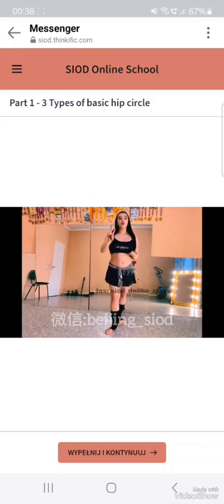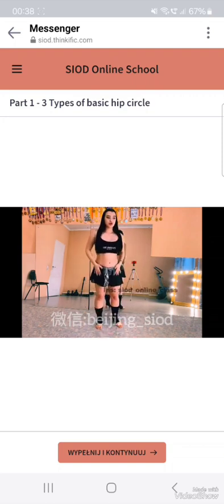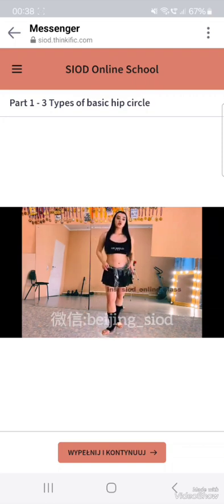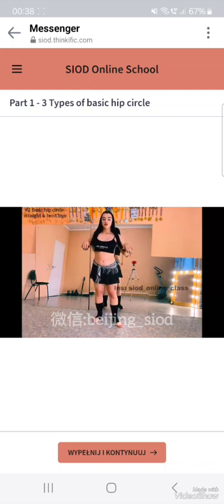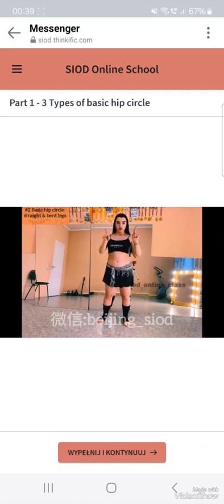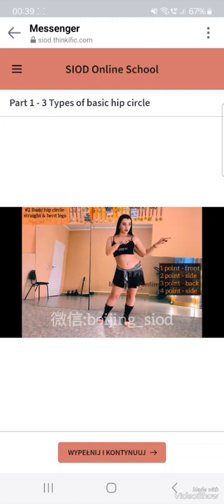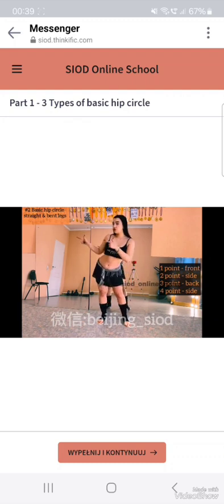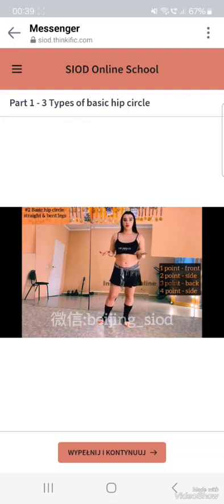Let's go to second kind of hip circle. It will be the same hip circle as before, first kind, but we will go little bit down and make our knees soft. Here the same 4 points: front, side, back and side, and front again, totally the same.